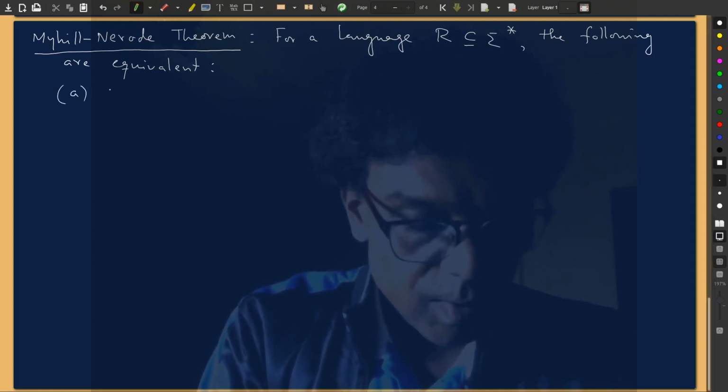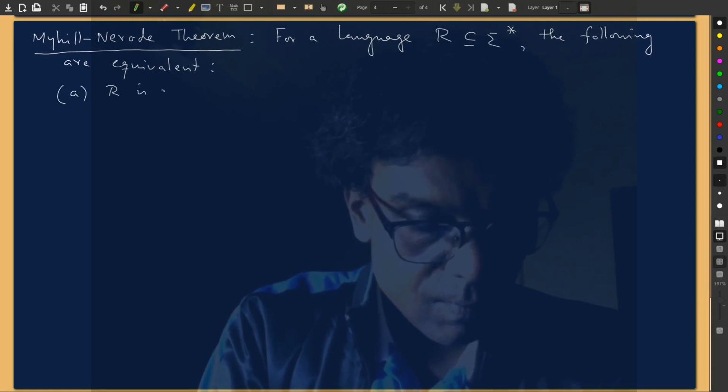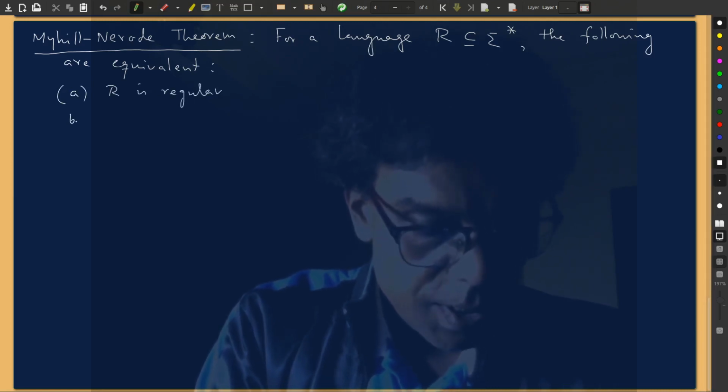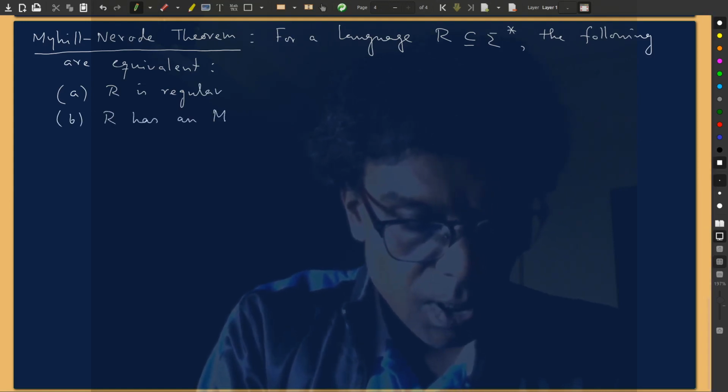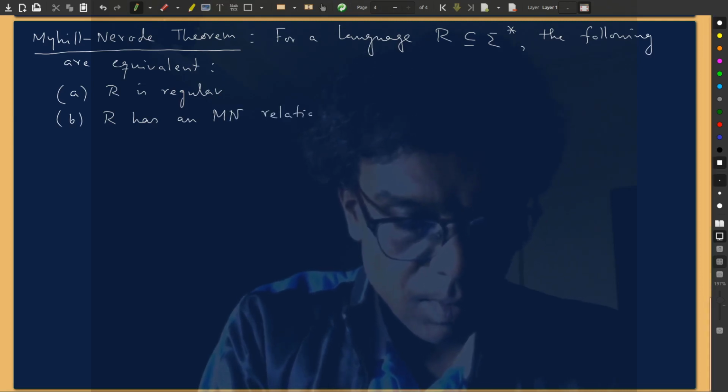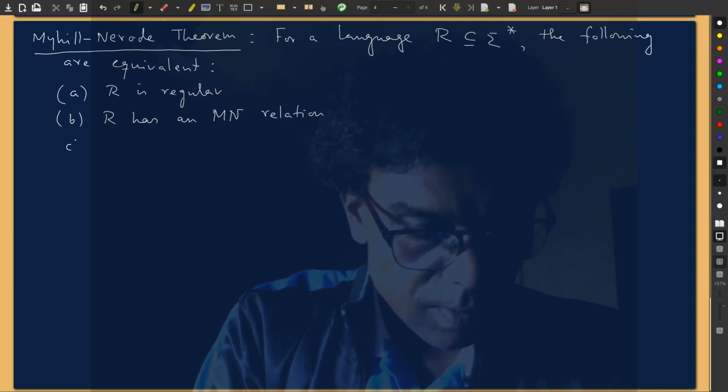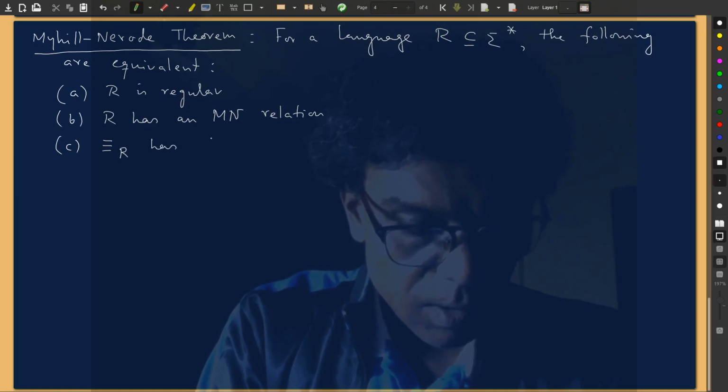A: R is regular. B: R has a Myhill-Nerode relation, and this relation has finite index.